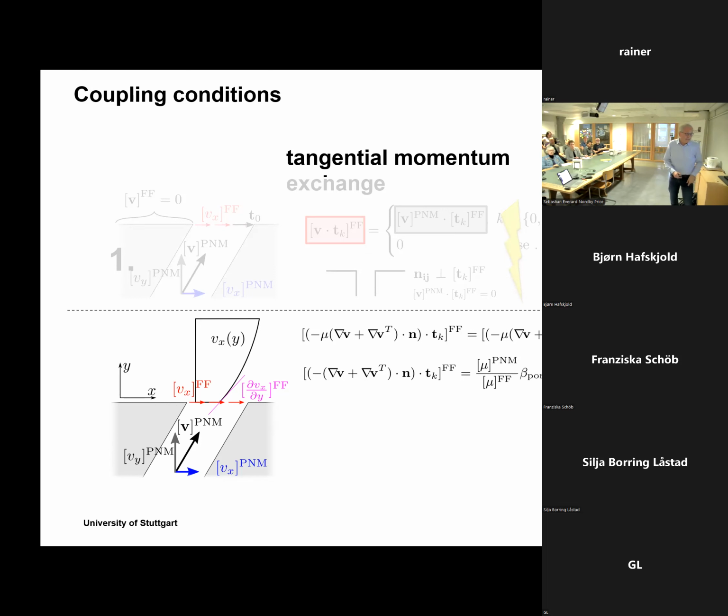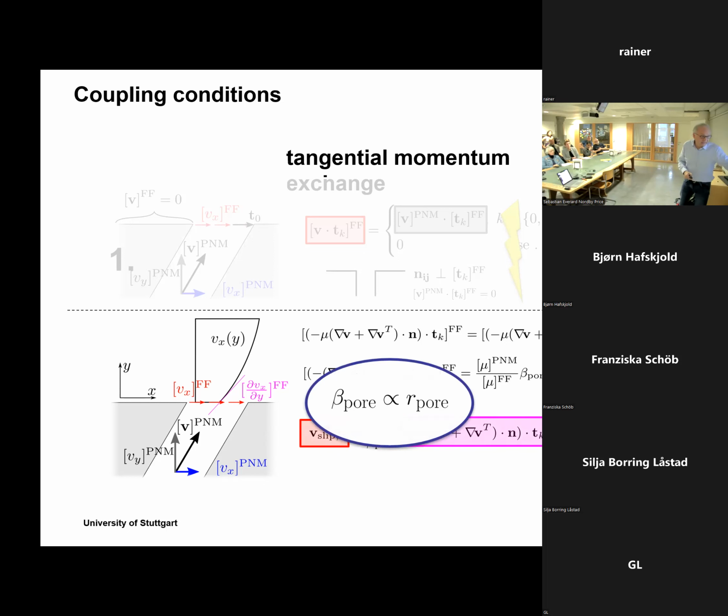Then we have reformulated this equation, and then you get the slip velocity, this one here at the interface. The problem is here the beta factor. Why? That describes the radius of the system from the 1D into the 3D. Okay, we have done a dimensionless analysis and different kinds of DNS calculations, and it shows that the beta factor is proportional to the radius.